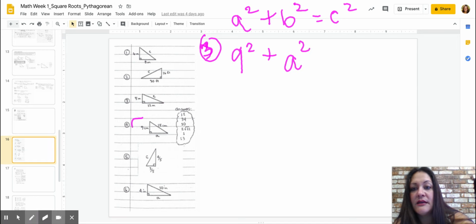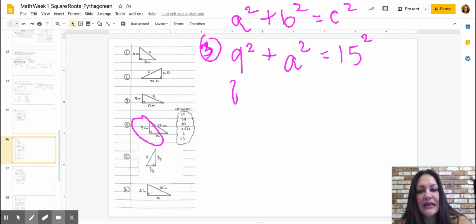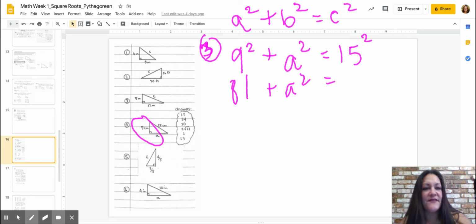Oh, look, I reversed them. Is it okay? Yeah, they both are addition, so I can put them in any order. Equals 15 squared. 9 squared is 81 plus a squared. And I think 15 squared is 225. Let's check my memory. Yes, 225.